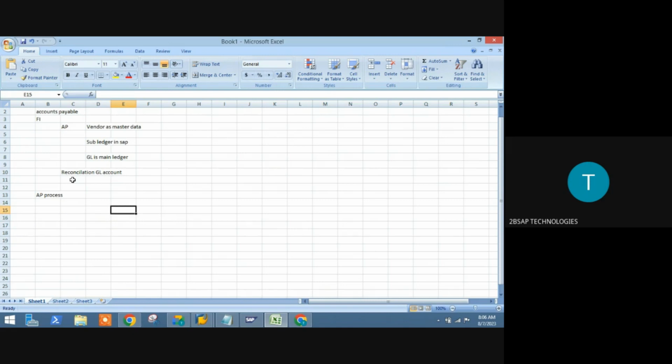In the general business case, whenever you try to purchase the respective services or goods, what will you do? You will check your quotations.